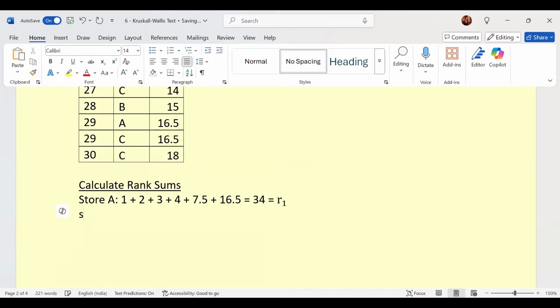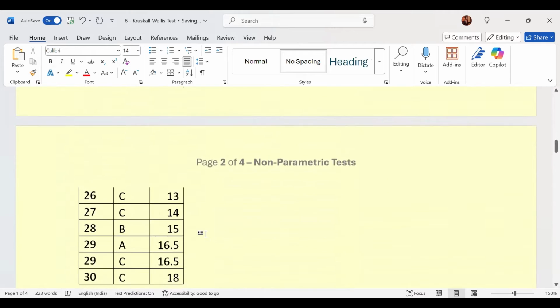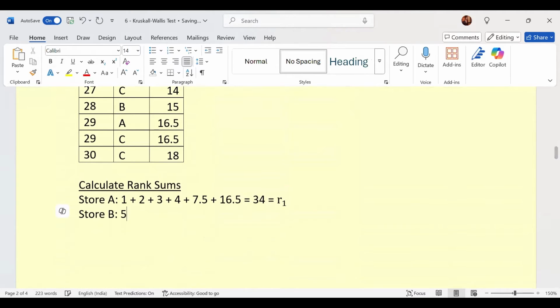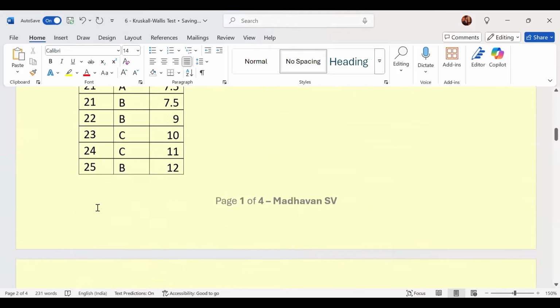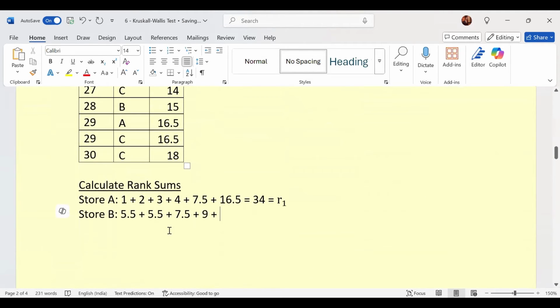Then store B: 5.5 2 times, 7.5 and 9. Then we have 12 and 15.